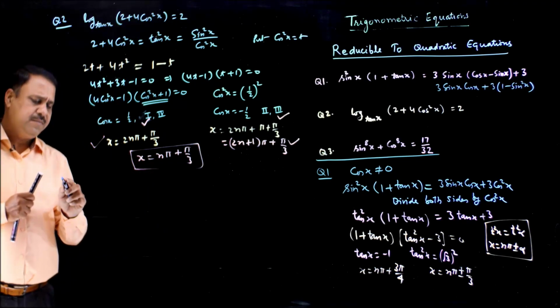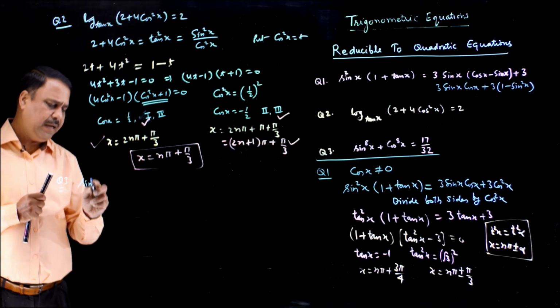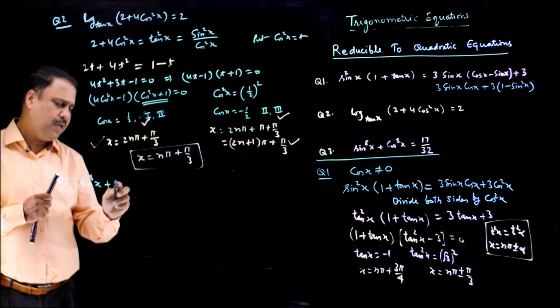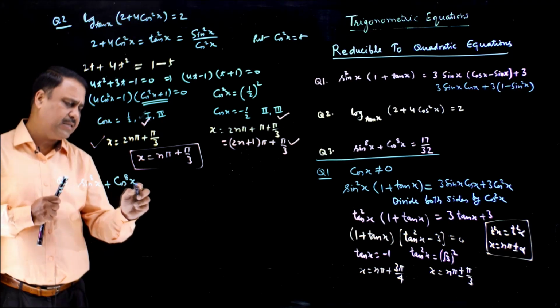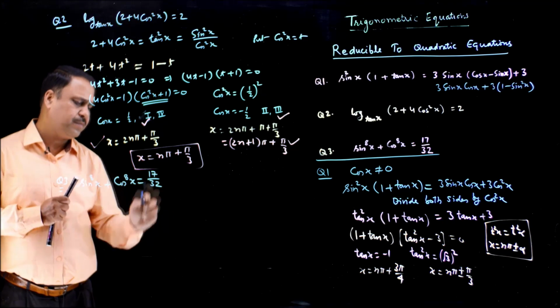Question number 3 is sin power 8x plus cos power 8x is equal to 17 upon 32.